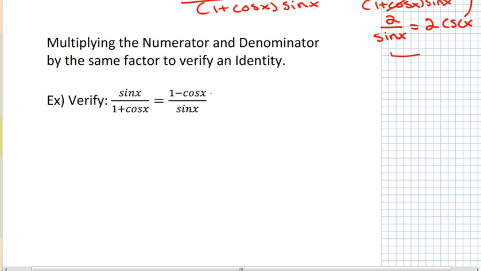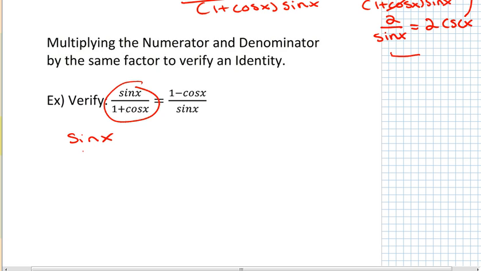And remember, because it's an equation, I can multiply or divide or do anything to one side of the problem as long as I do it to the other. Well, the suggestion here is to multiply the numerator and the denominator of one side by one of the terms on the other side. So for example, I'm going to work with this side here.